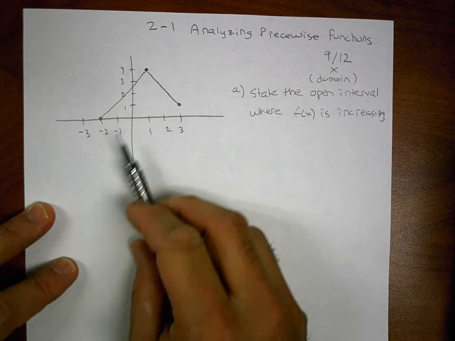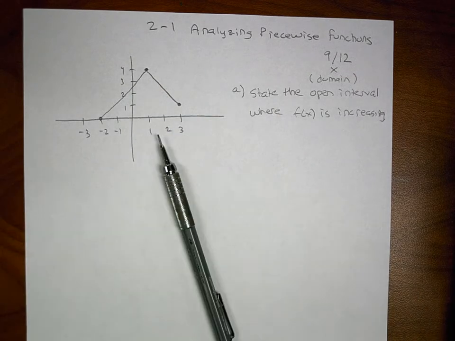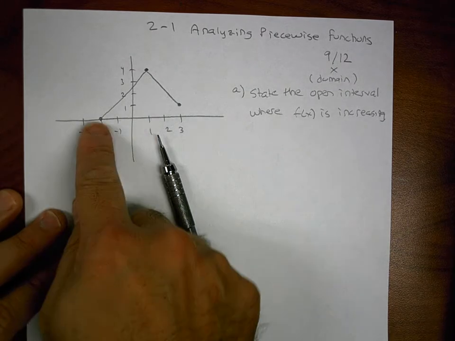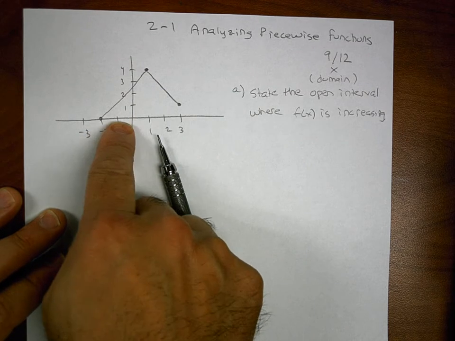Okay, so let's look at the graph. And increasing means from left to right, the way you read, where is it going up or has a positive slope? Okay, so we can all picture where it's increasing, can't we? If you had to point to it, would it be on the left side or the right side? The left side, over here.